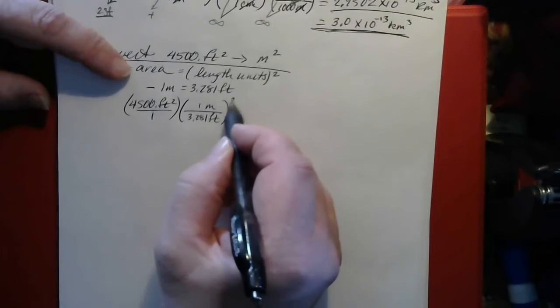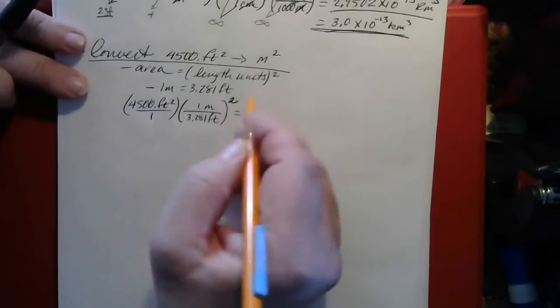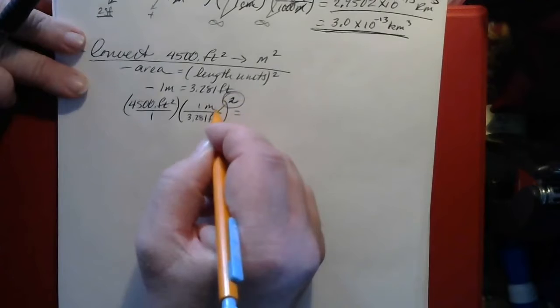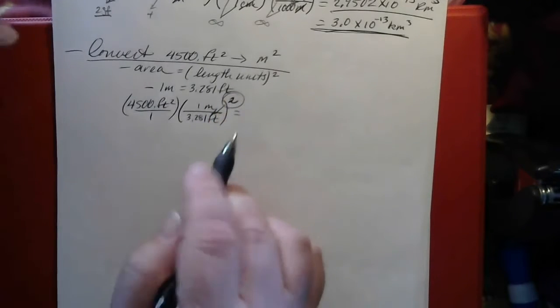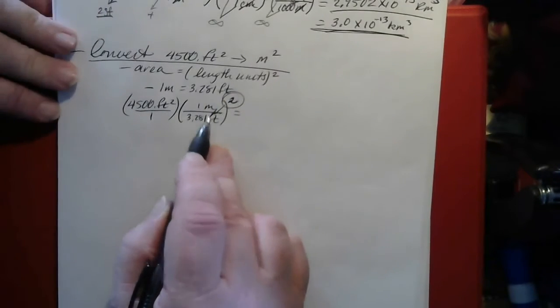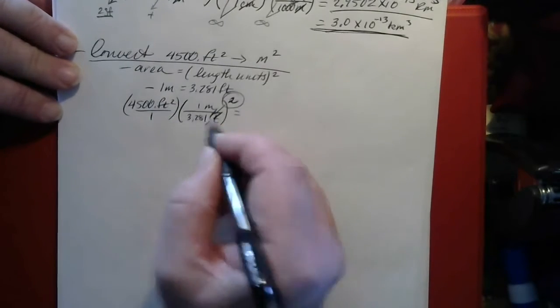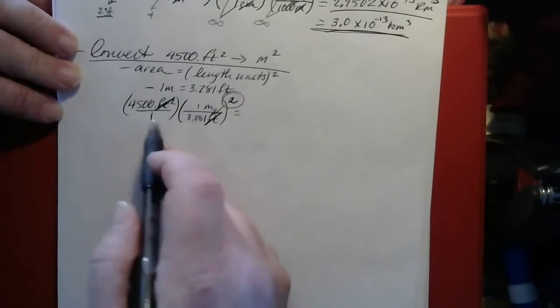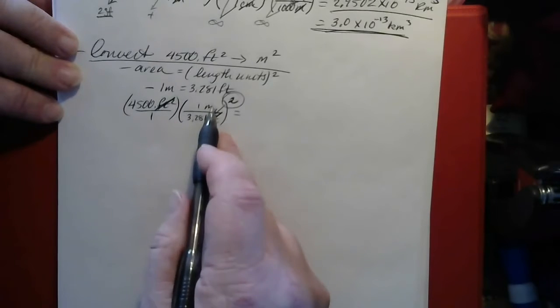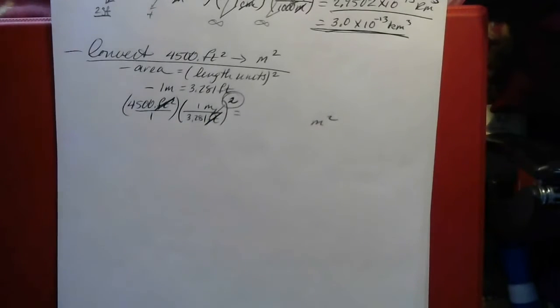And we have to square the conversion factor. Don't forget that. Because by squaring the conversion factor, that makes this unit on the bottom square feet, so that it will cancel with this unit here. All right, square feet cancel. Meters squared, or square meters, give us the unit.